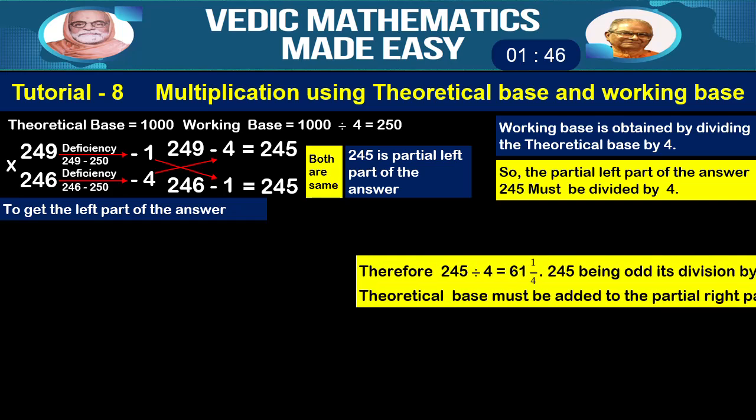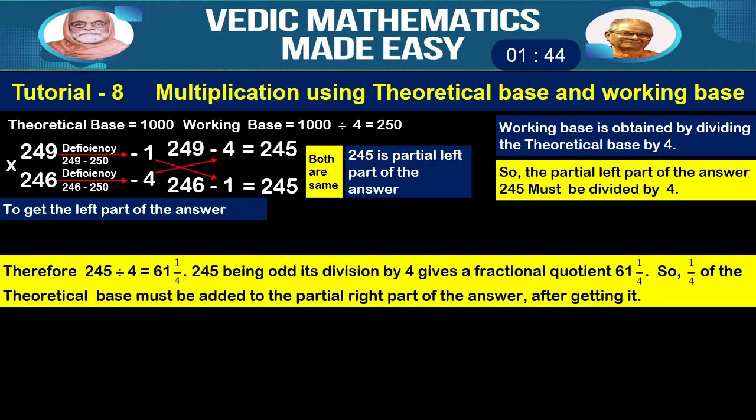Therefore, 245 divided by 4 is equal to 61 1/4. 245 being odd, division by 4 gives the fractional quotient 61 1/4. So, 1/4 of the theoretical base must be added to the partial right part of the answer after getting it.